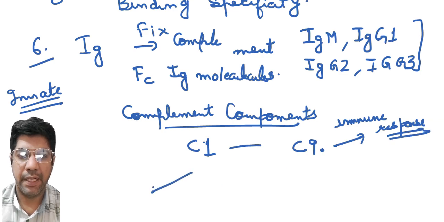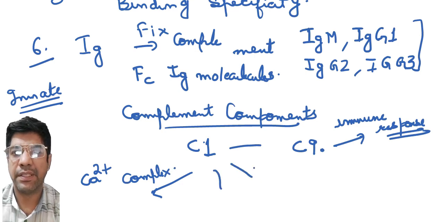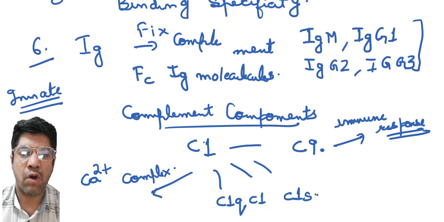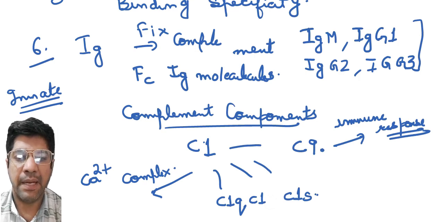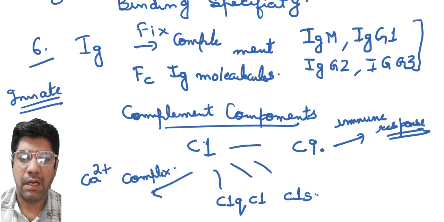Remember the C1 exists in serum as a calcium ion dependent complex, which can be separated into three proteins, that is C1q, C1r and C1s. So this means that the complement is made up of a total of 11 different proteins. The fractions are named C1 to C9 in the sequence of the cascading reaction, with C4 occurring after C1 and before C2.